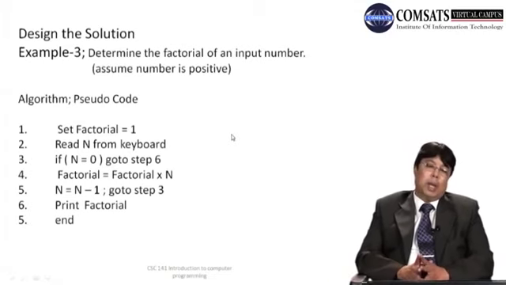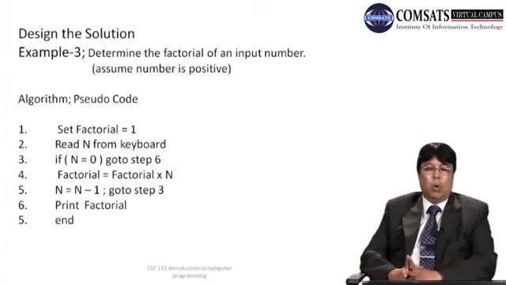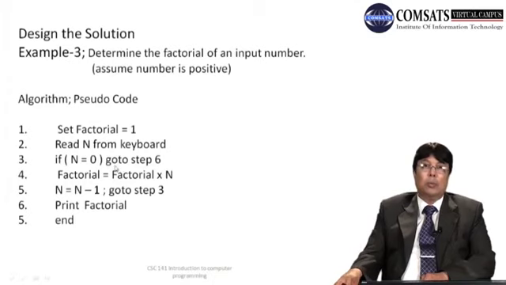Okay, read n from keyboard. IO statement, then test statement. If n is equal to 0, go to step 6. This is very useful. Go to. But in good programming practice, we will avoid this go to.